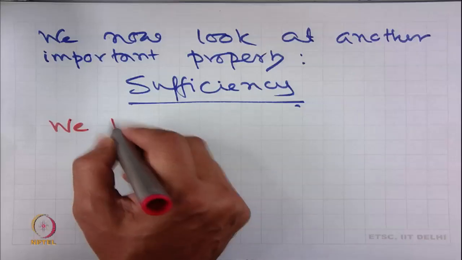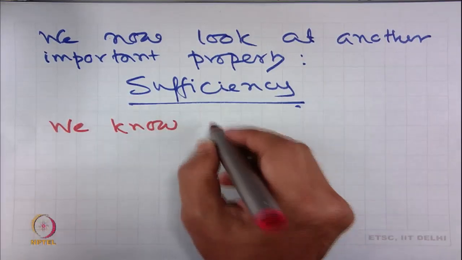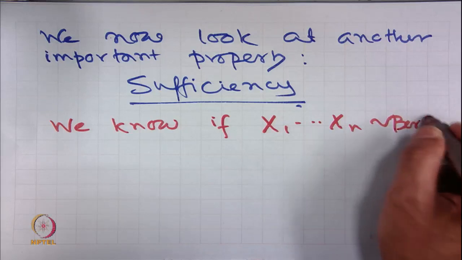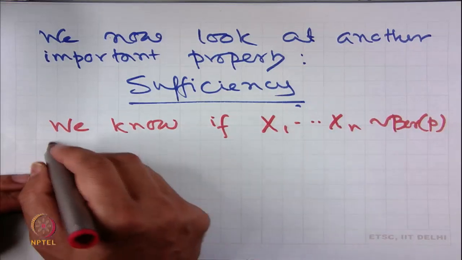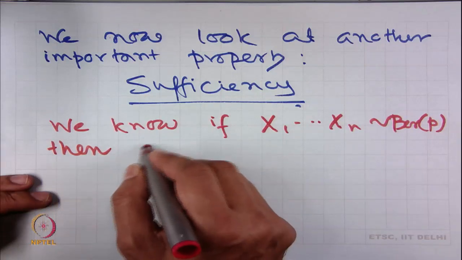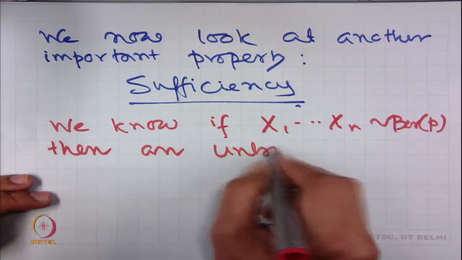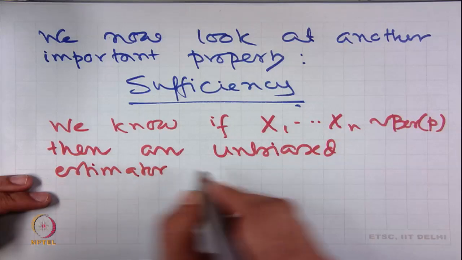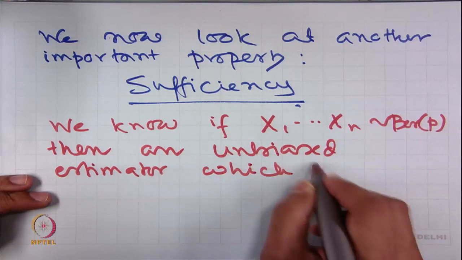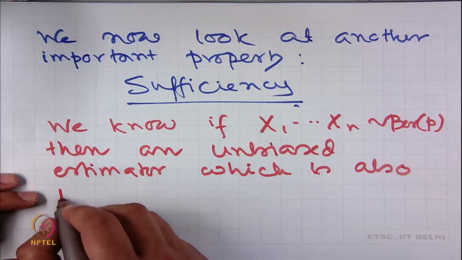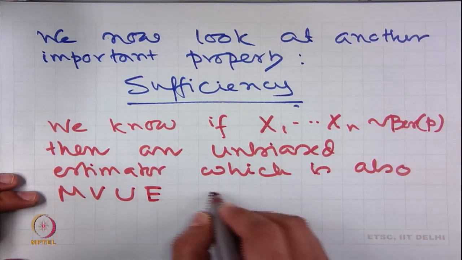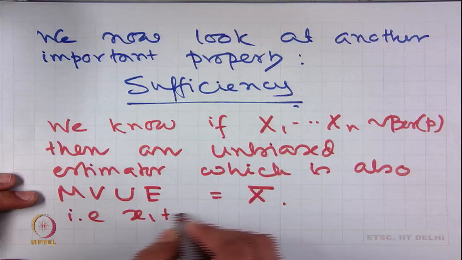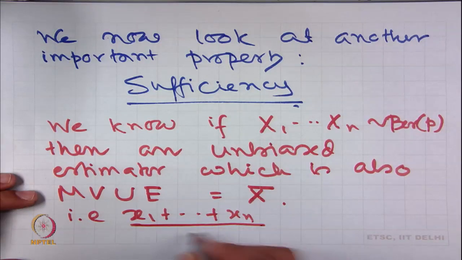We know that if X1, X2, ..., Xn are from Bernoulli(p), then an unbiased estimator which is also MVUE is equal to X bar, that is (X1 + X2 + ... + Xn)/n.